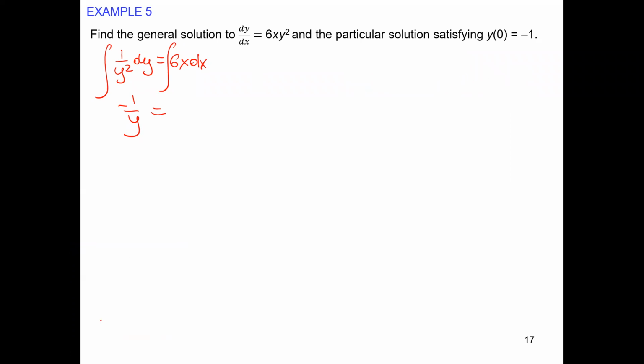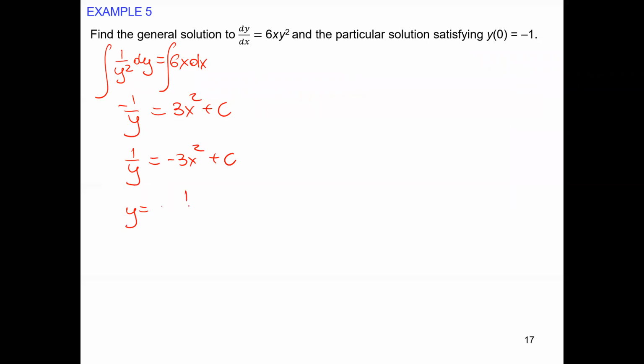And integral of 6x dx is 3x squared plus the constant. Okay, now first of all, I will multiply by negative 3x squared, and negative c will become just a new constant. And now I will flip the function: 1 over negative 3x squared plus the constant.